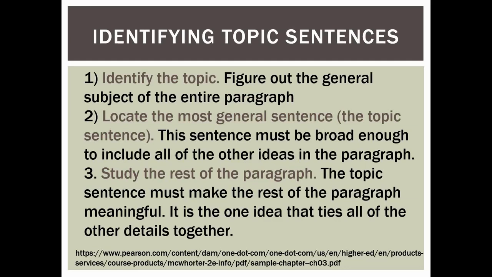First is identify the topic. Figure out the general subject of the entire paragraph. Number 2, locate the most general sentence, the topic sentence. This sentence must be broad enough to include all the other sentences or all the other ideas in the paragraph.